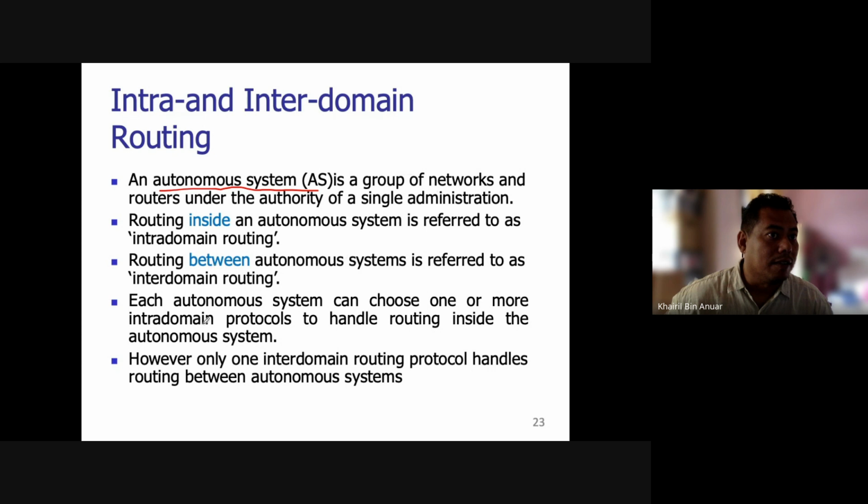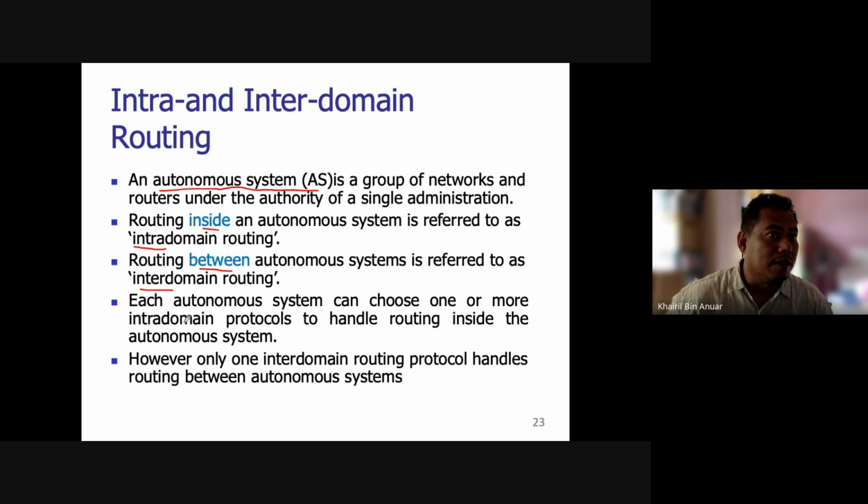So you have to remember: intra is inside, inter is between. To remember, think of Inter Milan, they are fighting in between. So inter is between, and intra is inside the autonomous system.